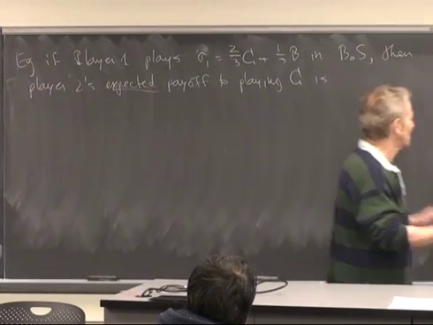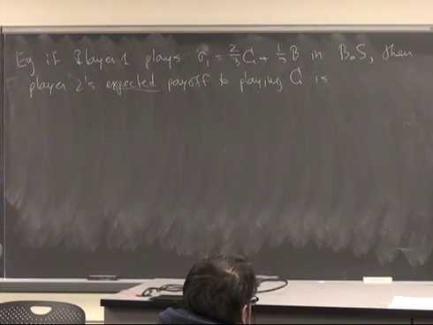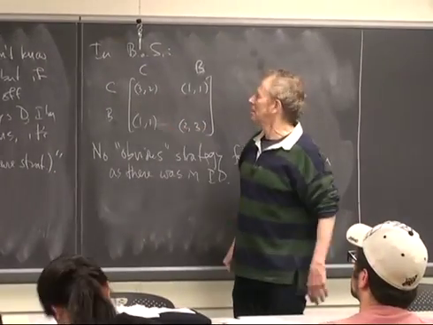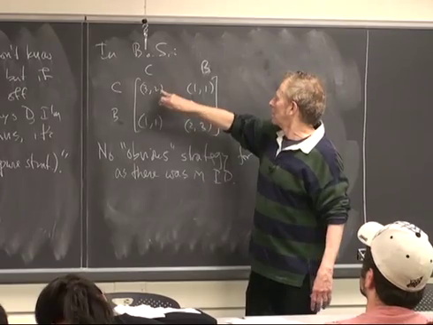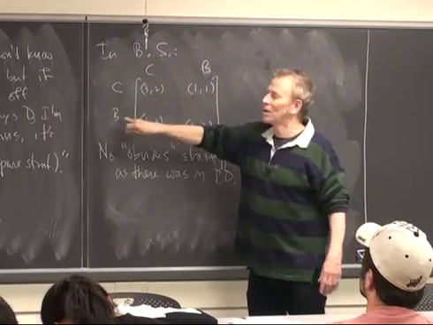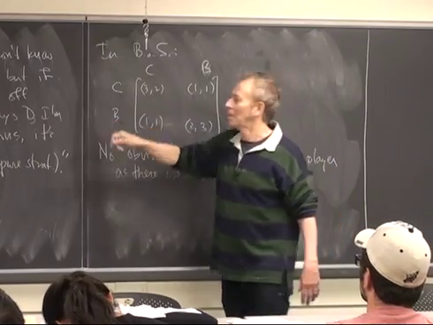Okay. This is a good reality check. In this game, player 1 is going to flip a coin or spin a spinner when it comes time to play the game between C and B. With probability 2/3 it's going to come up C, with probability 1/3 it's going to come up B. If I'm player 2, what's my expected payoff to playing C against that? Well, you're going to get 2 with probability 2/3, and you're going to get 1 with probability 1/3, right?